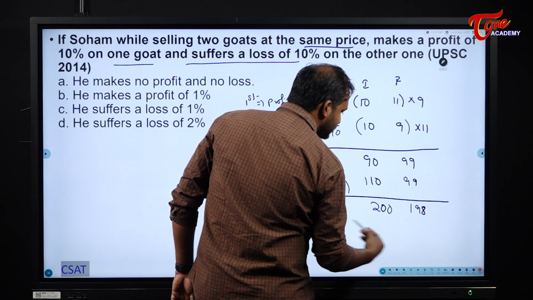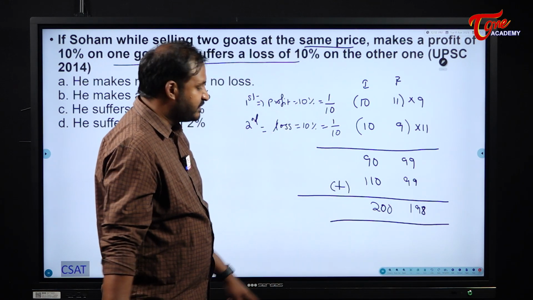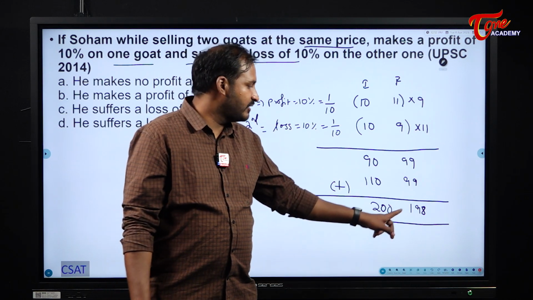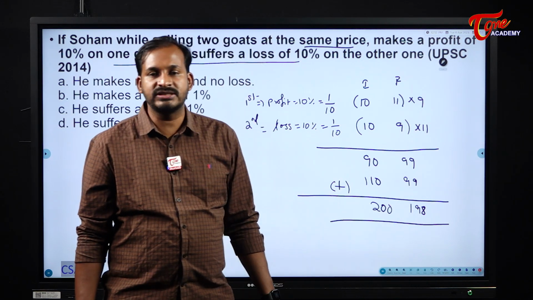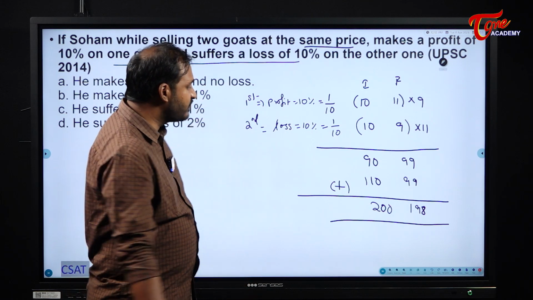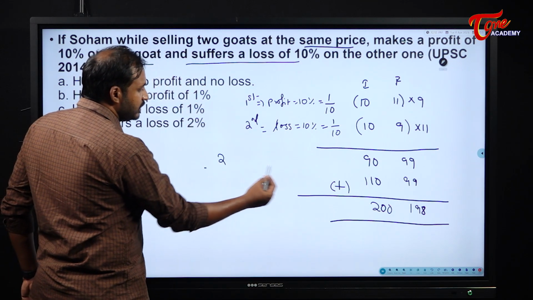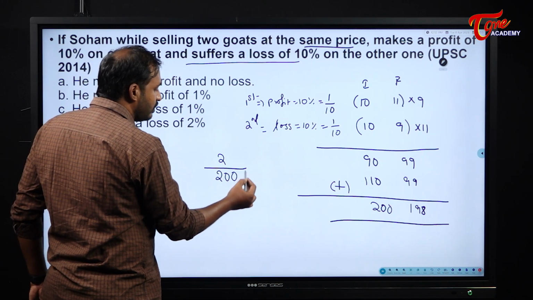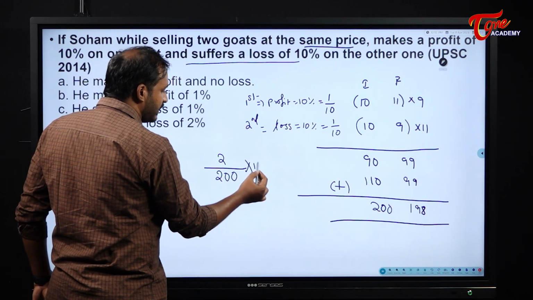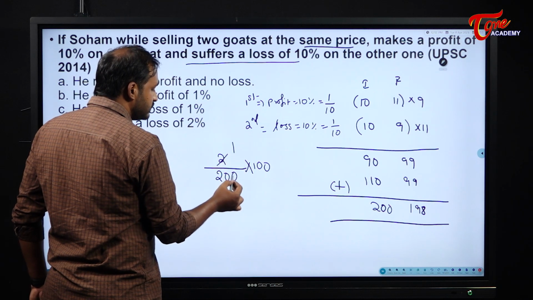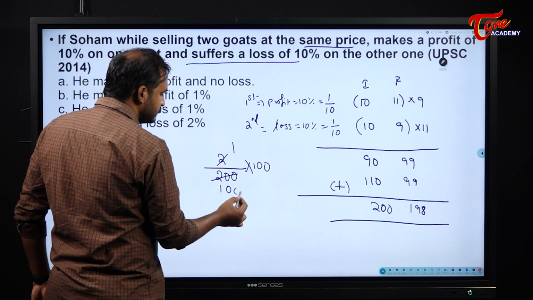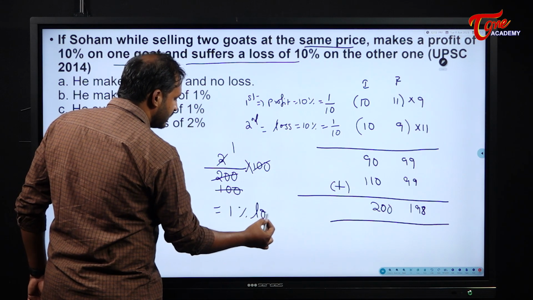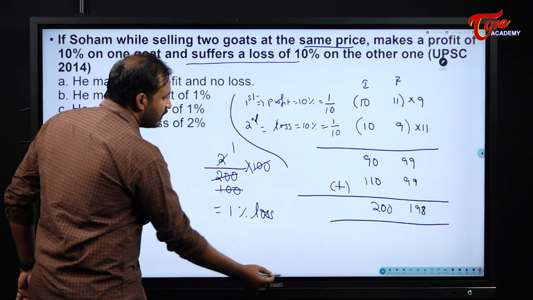Now, tell me whether there is a profit or loss. He spent 200 and in return he got just 198. Definitely loss. Loss by how much? The difference between those two is 2, by the initial value, the amount which we spend, 200 into 100. 2 ones are 2, 2 hundreds, 100 will get cancelled. 1% loss. So, definitely there will be a loss of 1%.